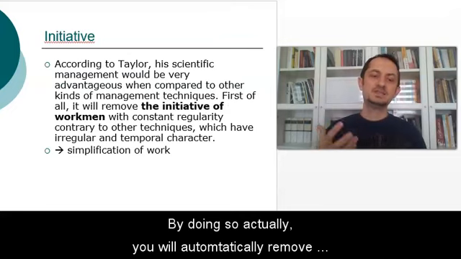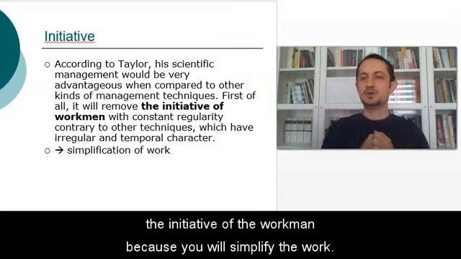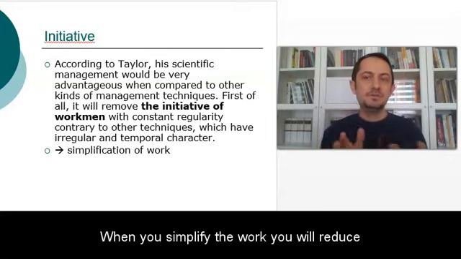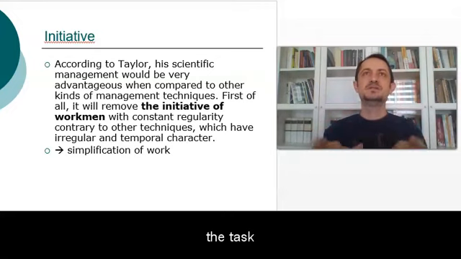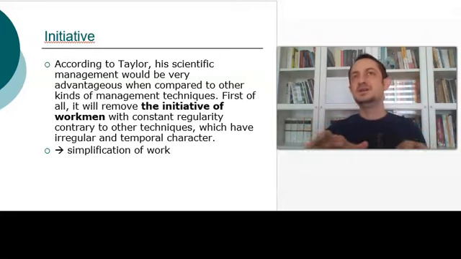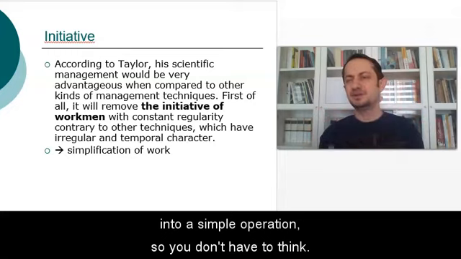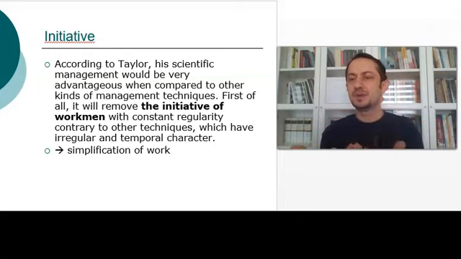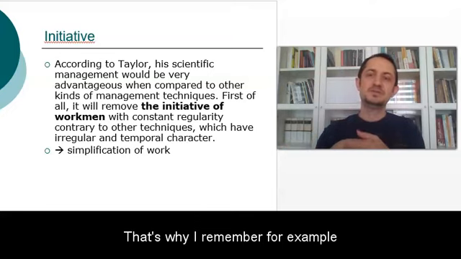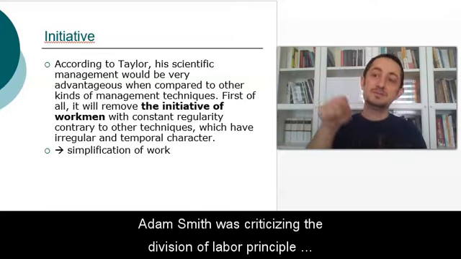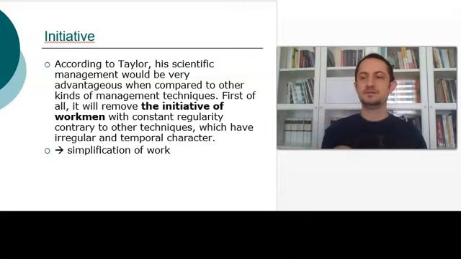By doing so, you would automatically remove the initiative of workmen because you will simplify the work. When you simplify the work, you reduce the task into a simple operation, so you don't have to think. That's why, for example, Adam Smith was criticizing the division of labor principle from this perspective.